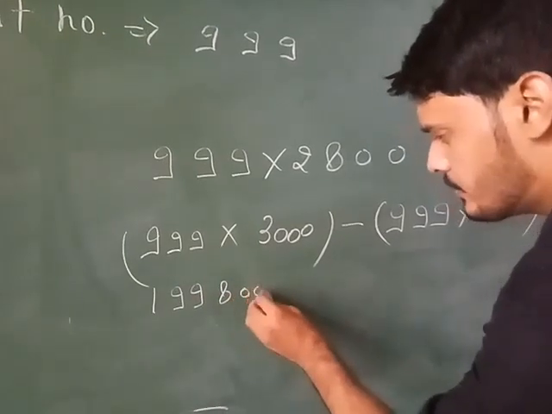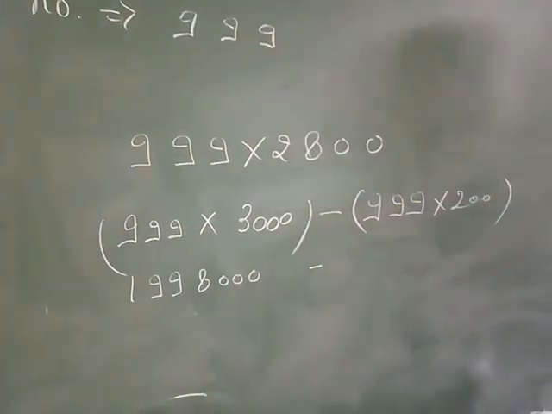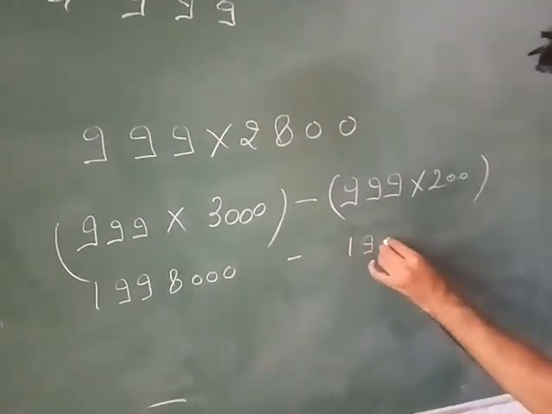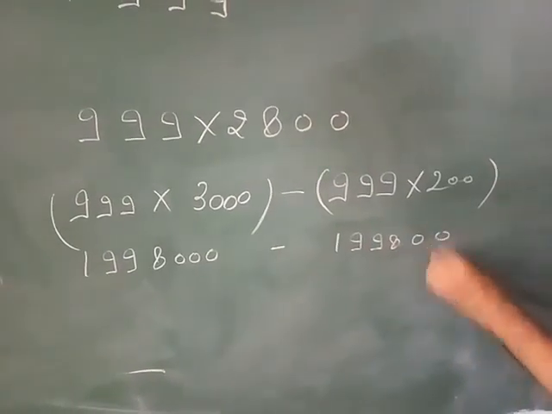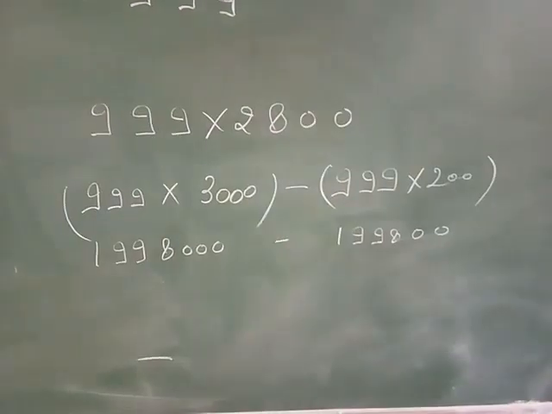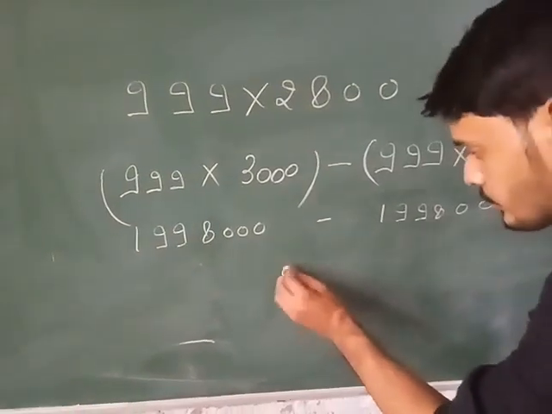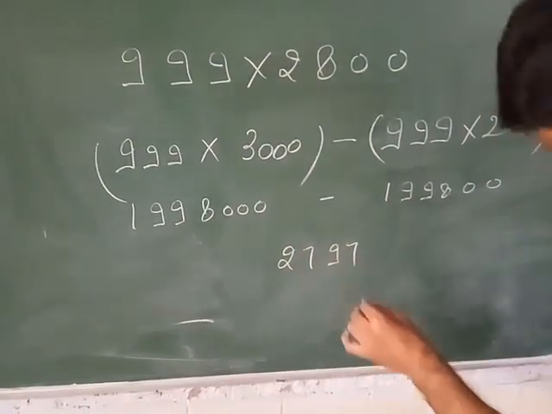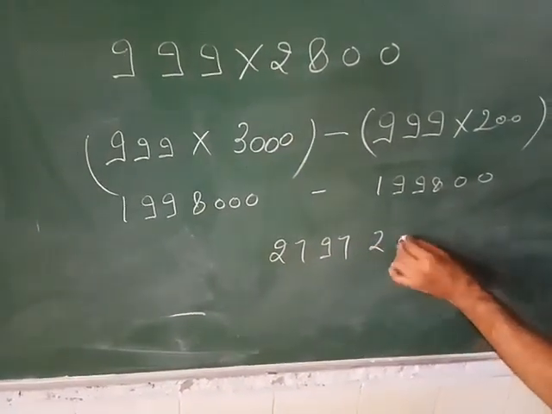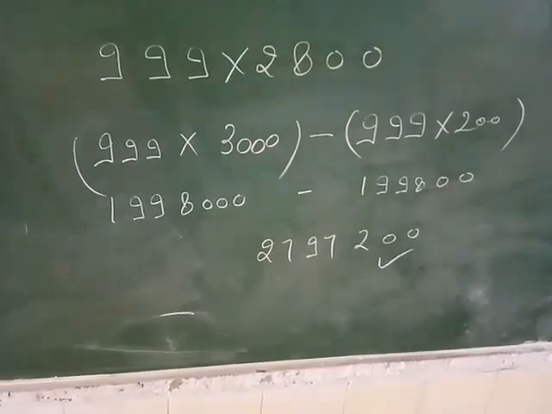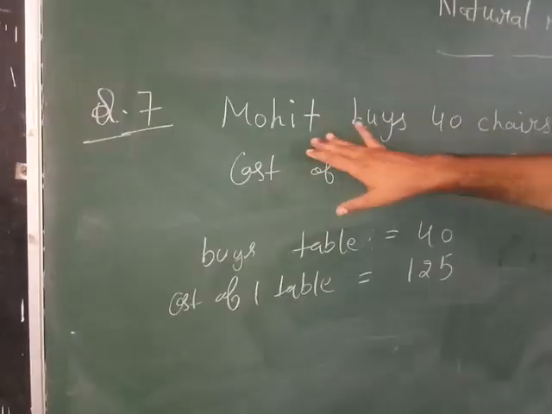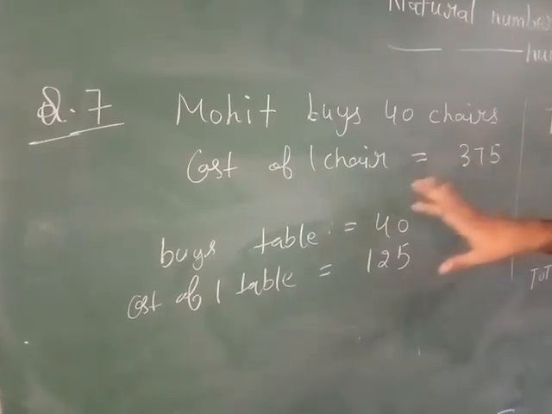This product will be 199,800, and we will subtract these two terms. So the answer will be 2,797,200.